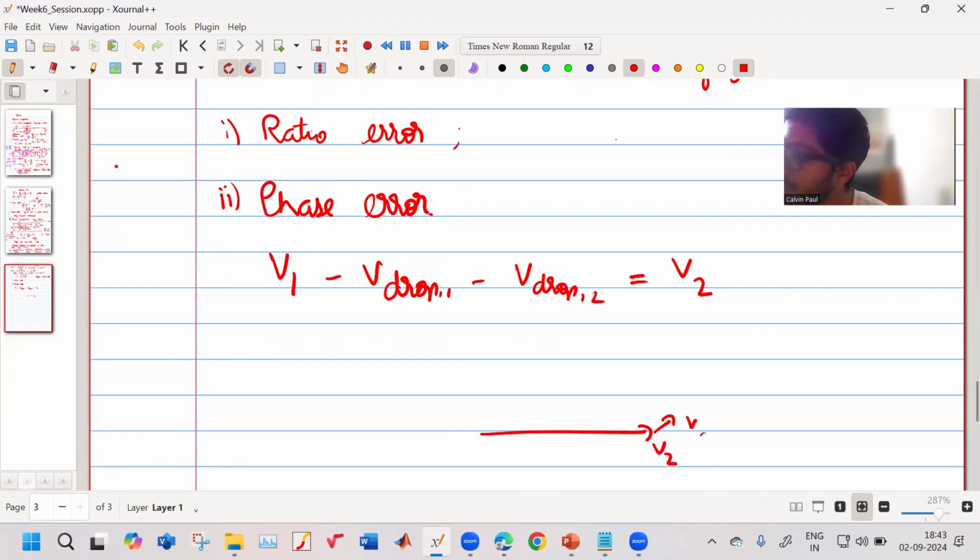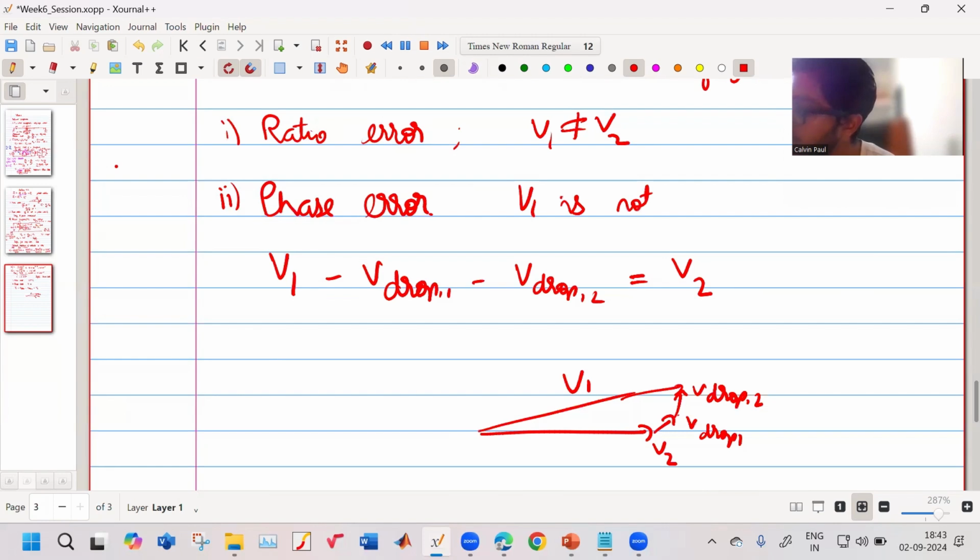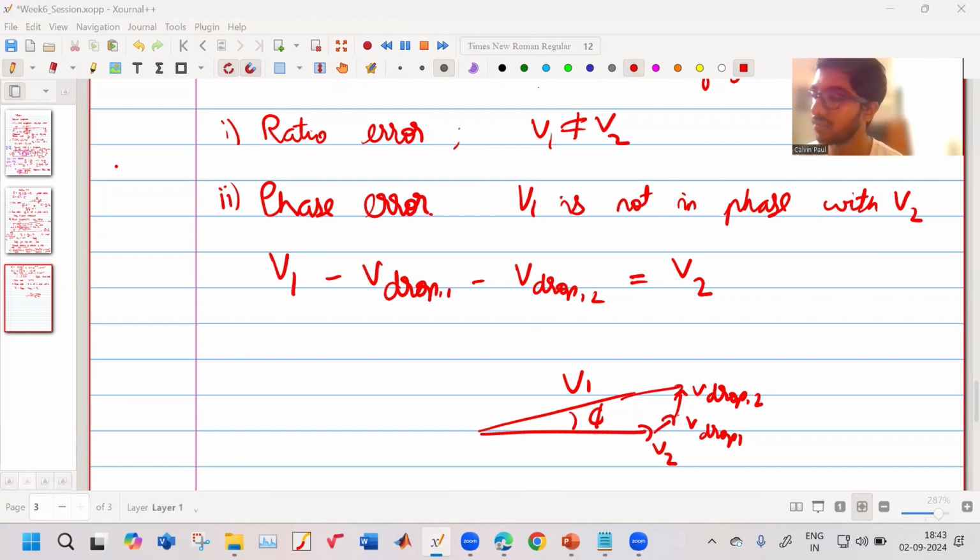Then I add V drop 1 here, then V drop 2, and then I get my V1. So one thing is that V1 is not equal to V2. Similarly, V1 is not in phase with V2. There is a phase error, and that results in incorrect measurements.